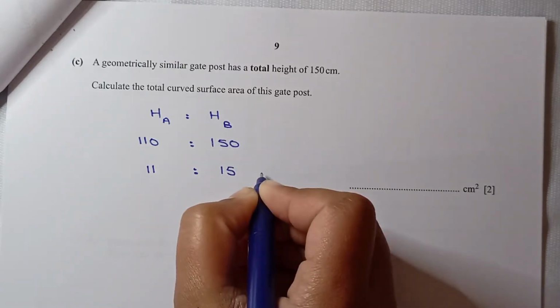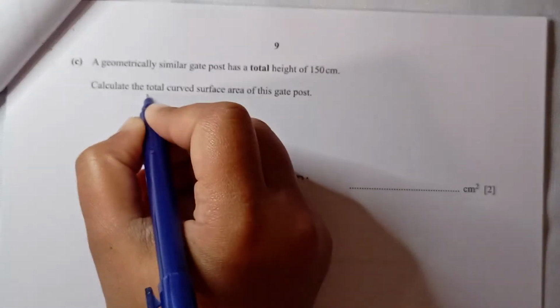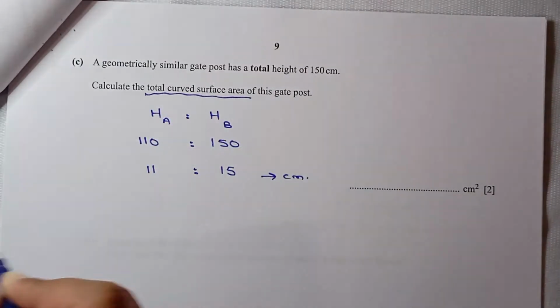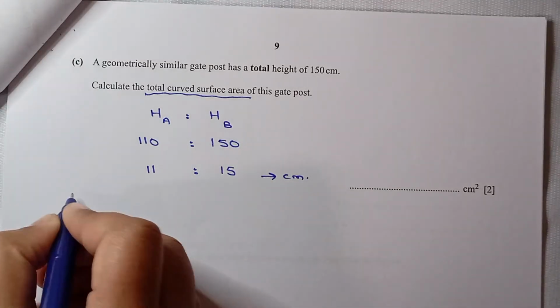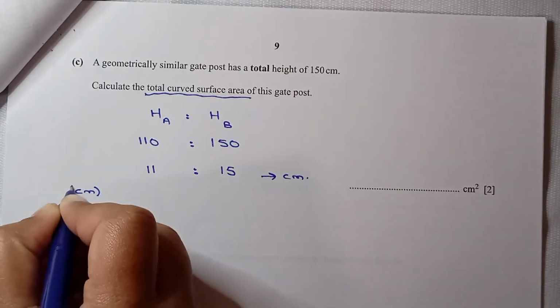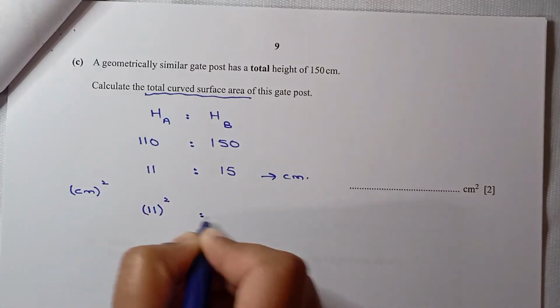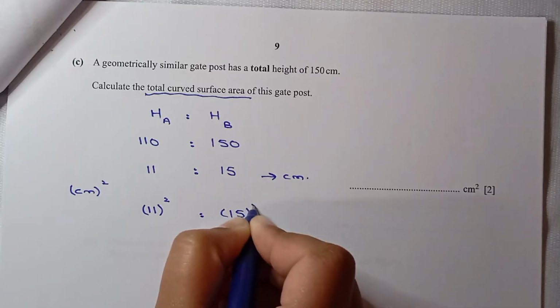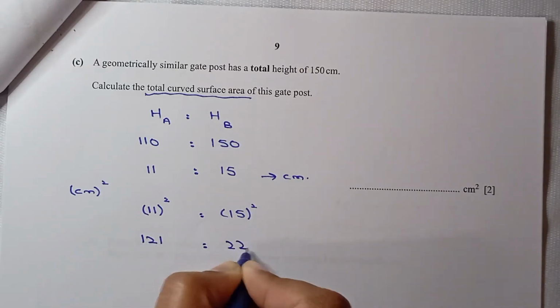These heights are in centimeters, but we need to find the total curved surface area in centimeters squared. So for surface area we need to square both heights. 11 squared is 121 and 15 squared is 225.